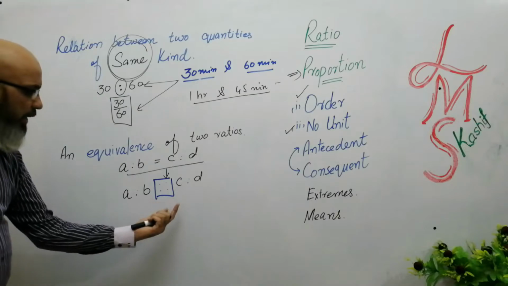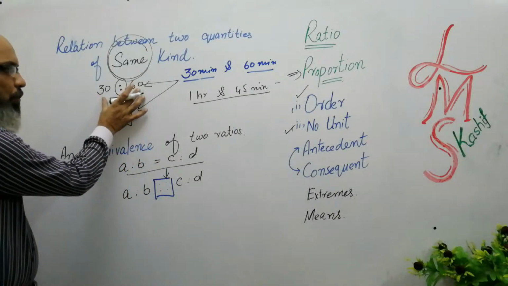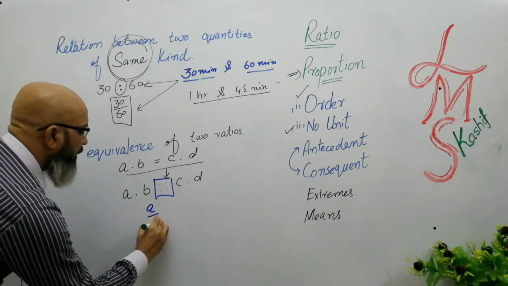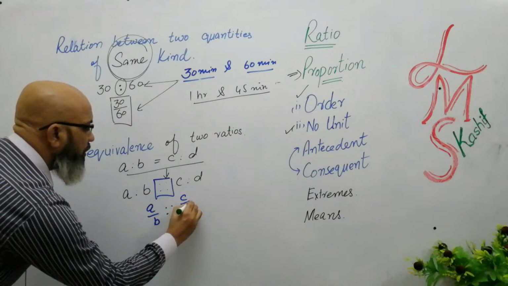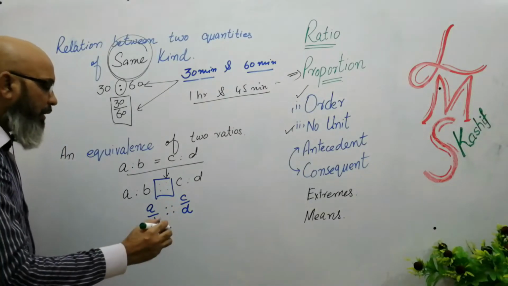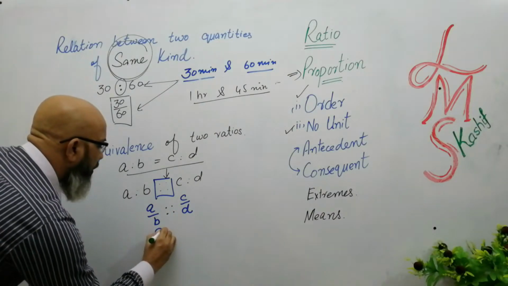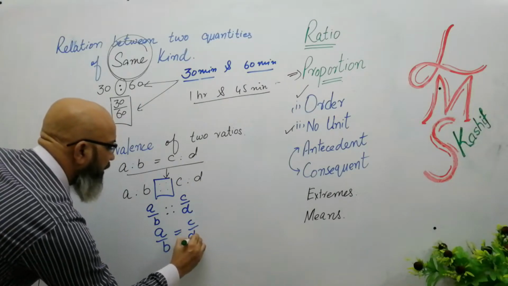We can write this proportion in fraction form, just as we write a ratio in fraction form. So what is the fraction form of this one? A ratio B proportion C ratio D. And the other thing, you can write this proportion in equal form, with the sign of equality.